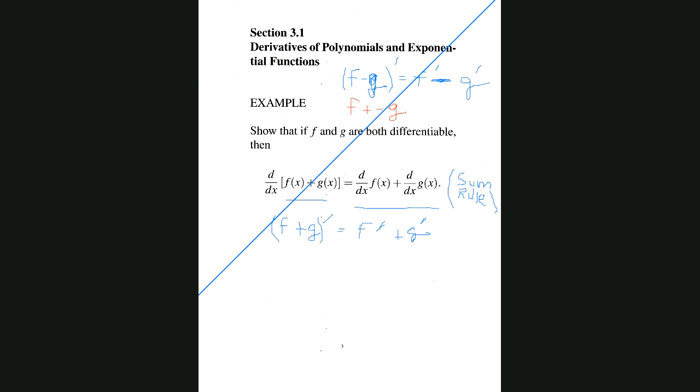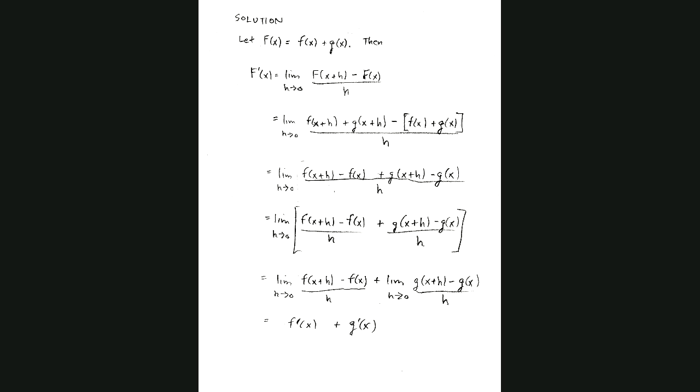All right, so let's move on here. Let's look at the proof. What we're going to do in the proof is let capital F of x be equal to the sum of my little f and g functions. And I'm interested in F prime of x.